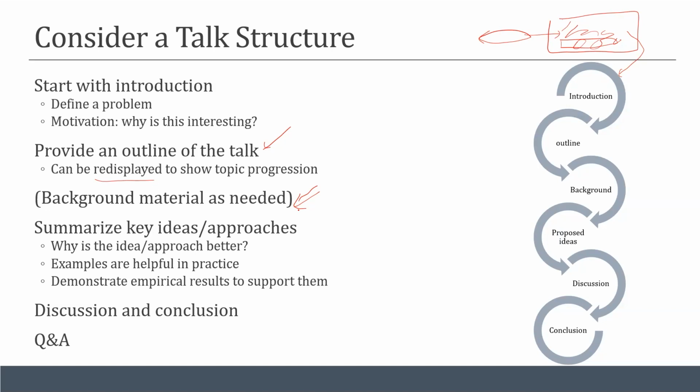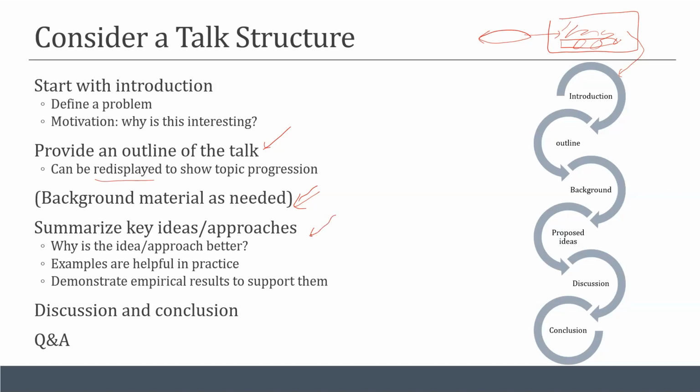Now it's time to introduce your key ideas and approaches. You summarize them, and you should explain why your idea and approach are better than the state-of-the-art. This is pretty close to what we did in writing a paper, right?